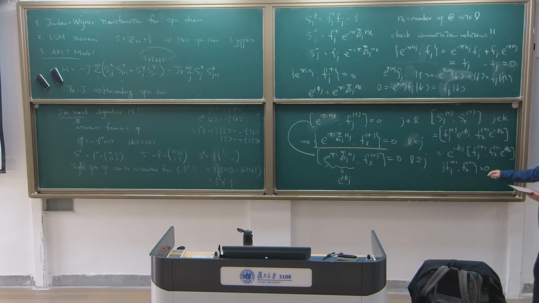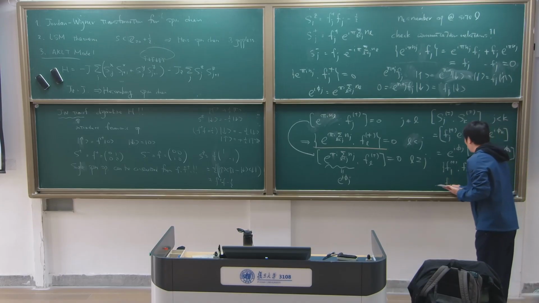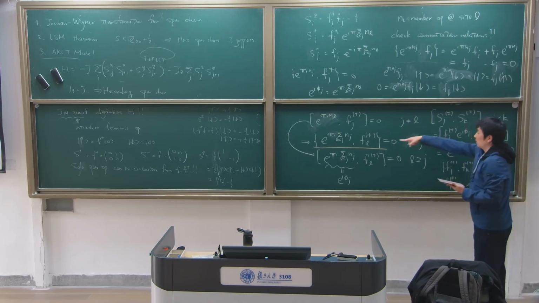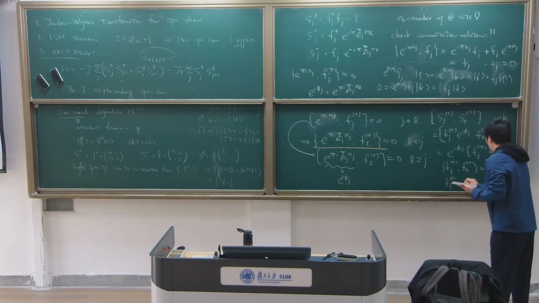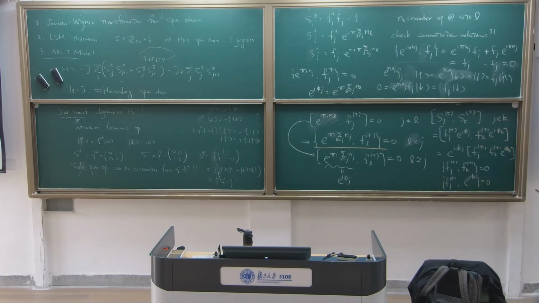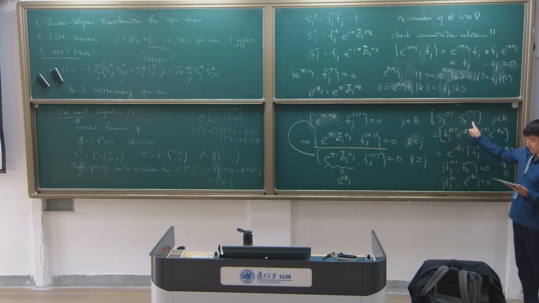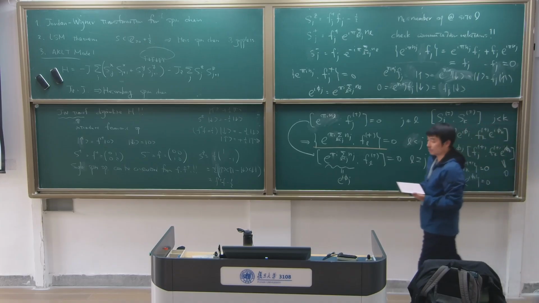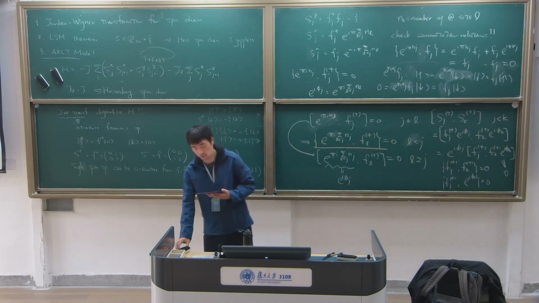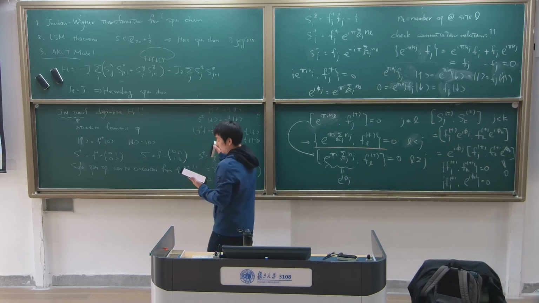And also Fj, and here, as we saw, e to the i phi k anti-commutes. So therefore this should be equal to 0. So therefore you can show they commute as we expect.